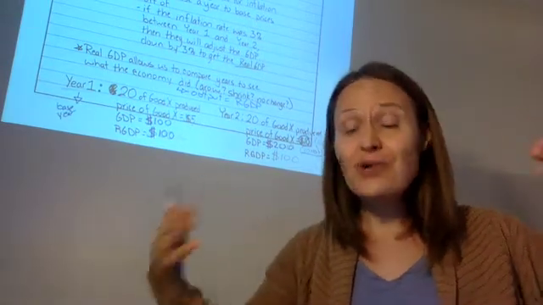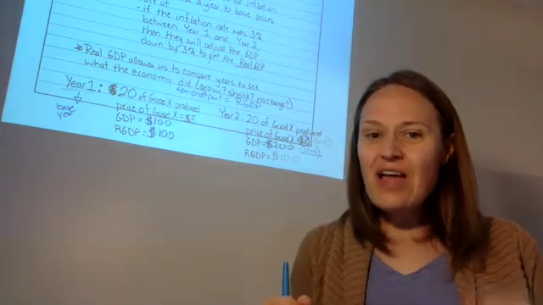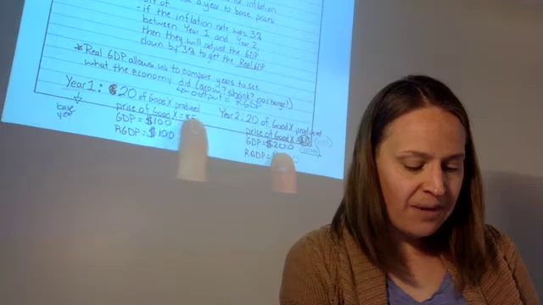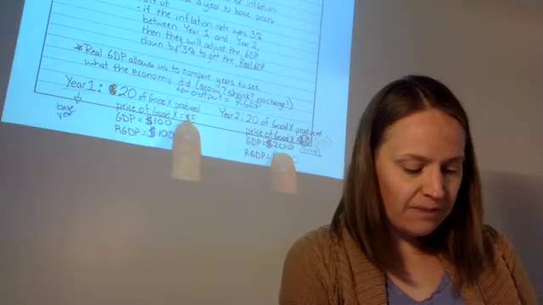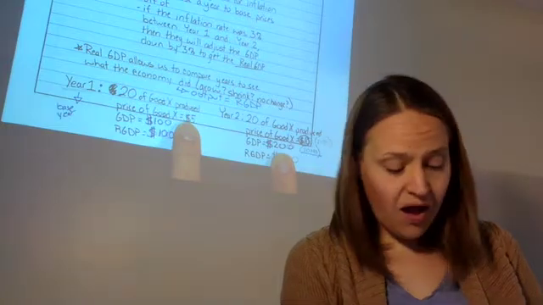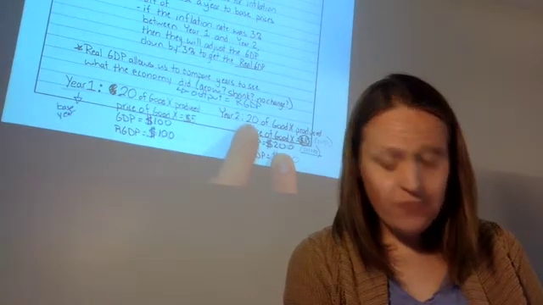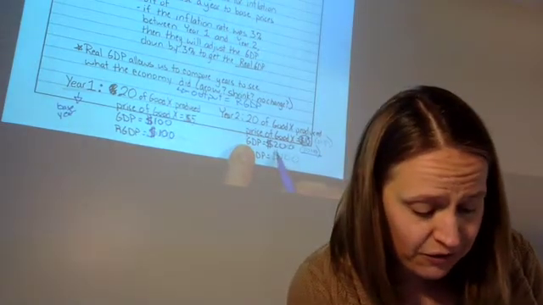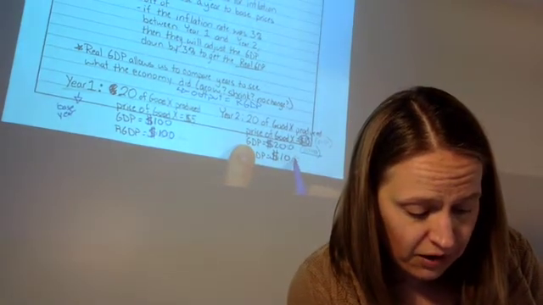Their output increased. But if we figure out the real GDP, which means that we use the base year price of $5 times the output of that year, the number produced, which is 20, then we're back to $100.